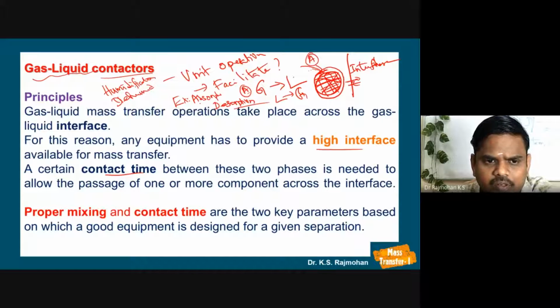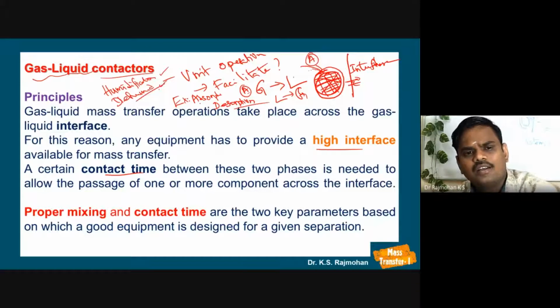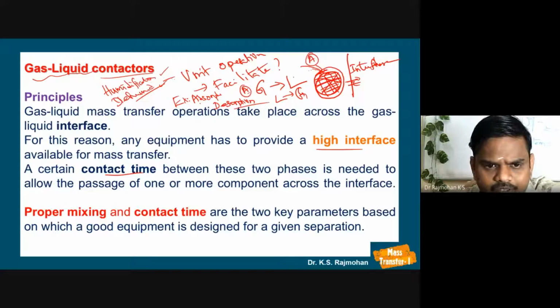In humidification, water vapor is added to the air, so mass transfer is taking place from liquid to gas. In dehumidification, from the gas phase we remove the water vapor, condensing it out. So that way it is again mass transfer from gas to liquid.